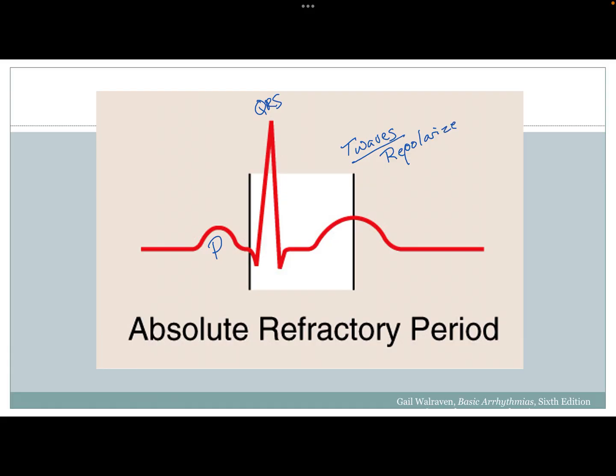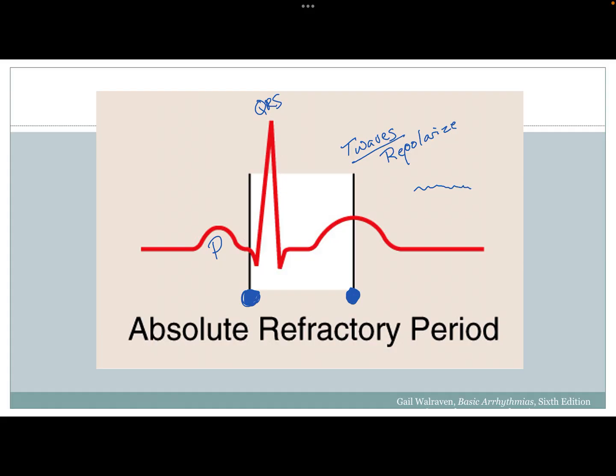There is a thing called the absolute refractory period. It occurs from this point here, where the QRS starts to fire, and it comes to the apex of the T. That's when the heart cannot tolerate another electrical impulse. If the heart should get another electrical impulse during this very delicate time period here, it will send that person into cardiac arrest.